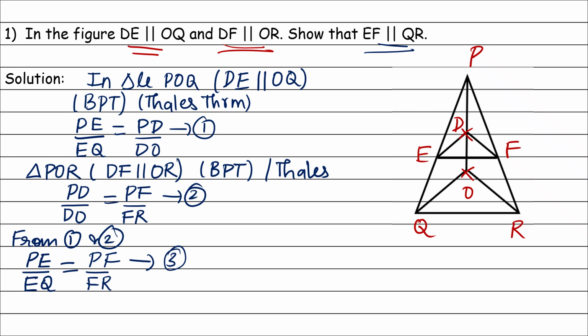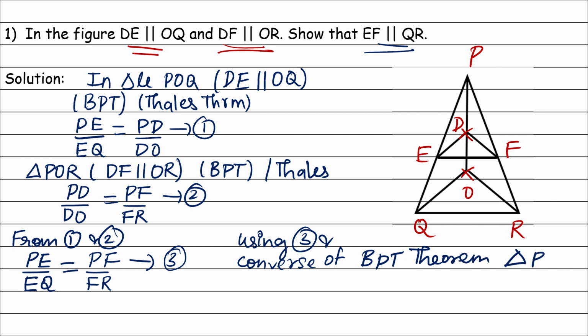Using 3 and converse of BPT theorem, in triangle PQR, I am going to get EF is parallel to QR.